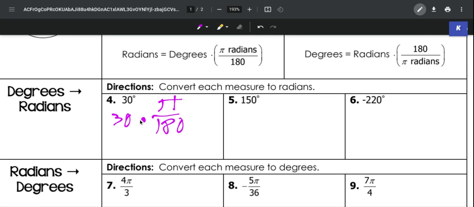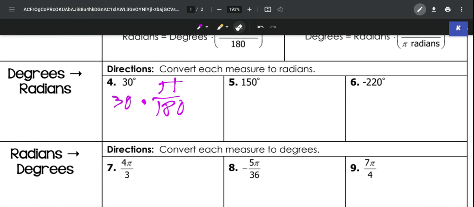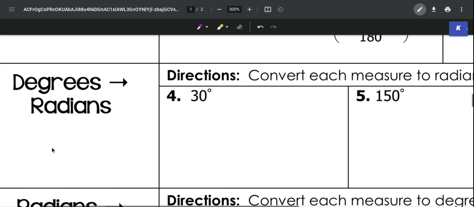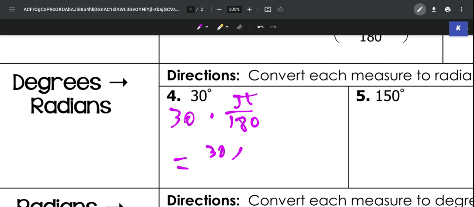Actually, let me get rid of this and write it a little bit smaller. All right. So we've got 30 times pi over 180, and that is the same thing as saying 30 pi over 180.